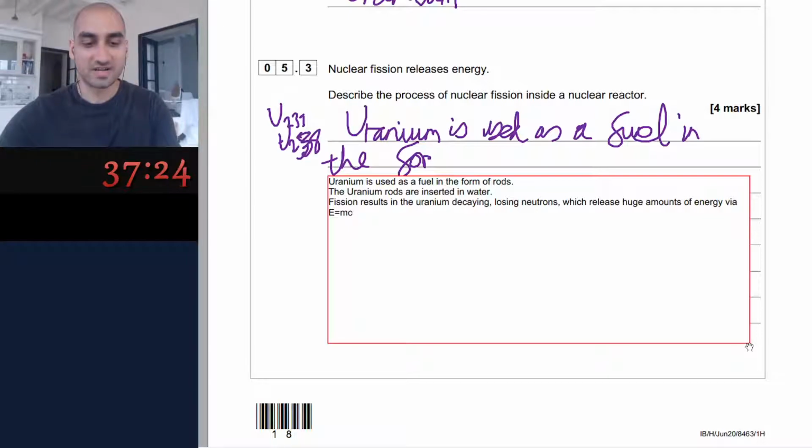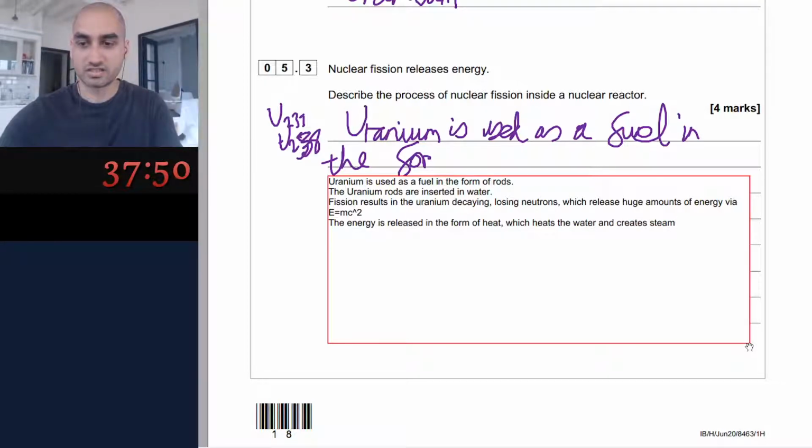Let's just tell the examiner we know E equals mc squared. Does that give us points? The energy is released in the form of heat, which heats the water and creates.